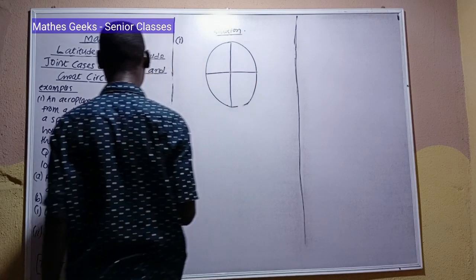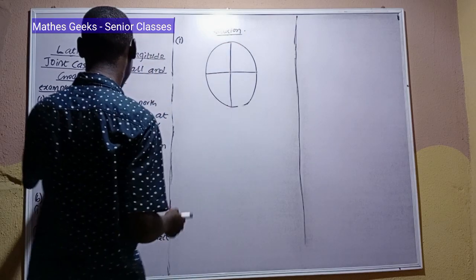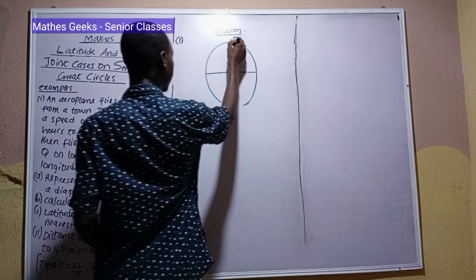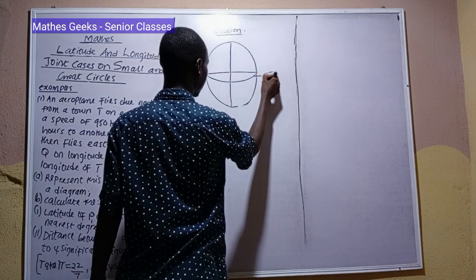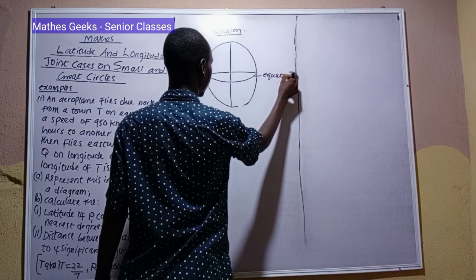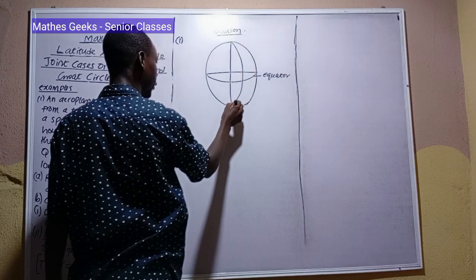So, an aeroplane flies due north from a town T. We show that T is on longitude 15 degrees east and on the equator. The equator is latitude 0 degrees.